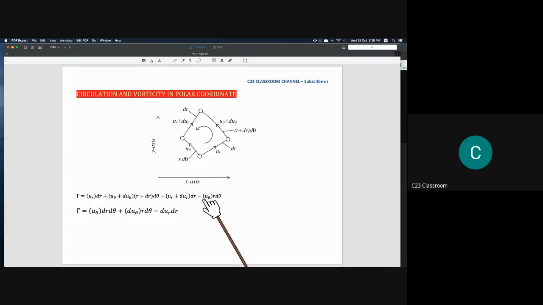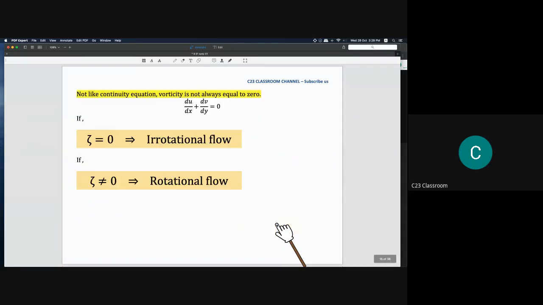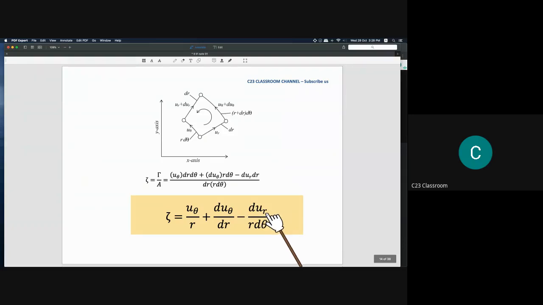So if you simplify and solve this, you will get this equation, and then we could calculate the zeta. The vorticity is gamma over area, so you will have this one. So why is this very important?